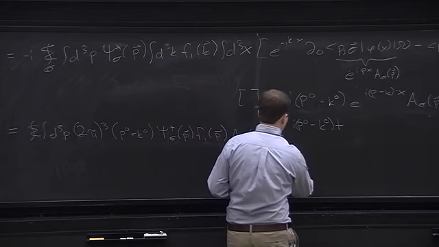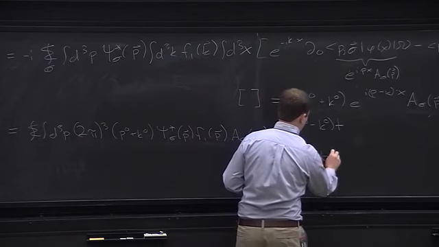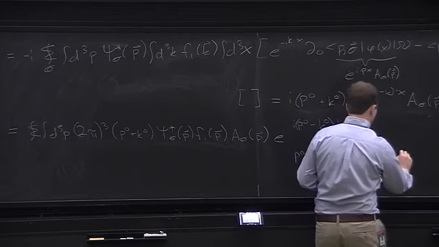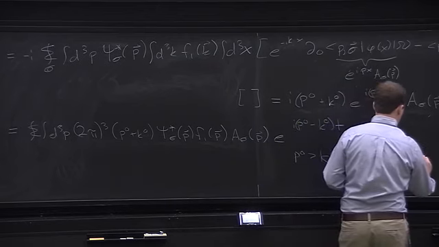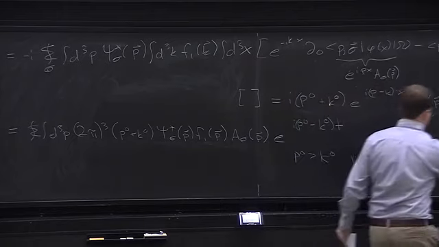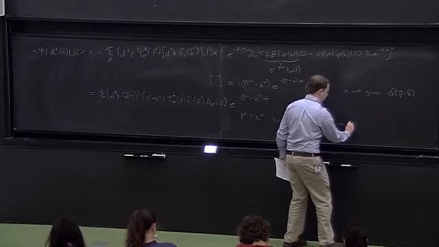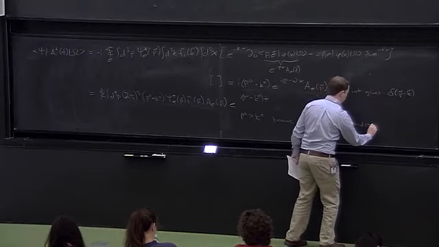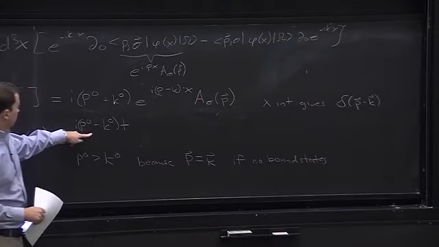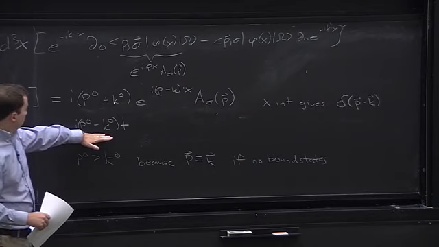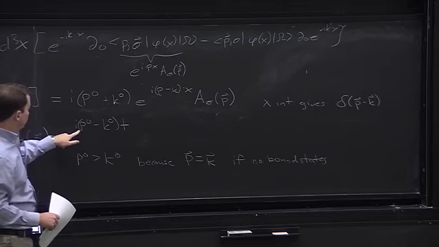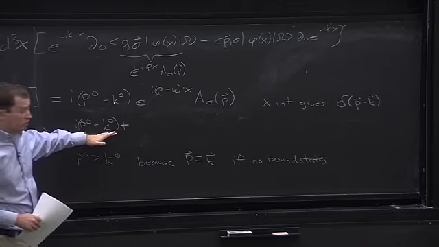So P naught is greater than K naught, if we assume there's no bound states. And so this exponent is a positive number times i, and in particular it's not 0.